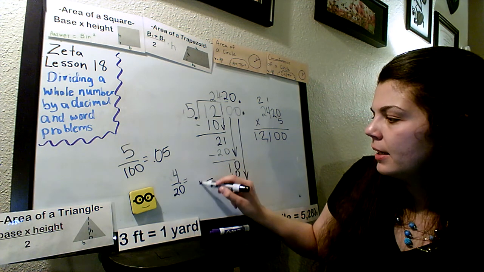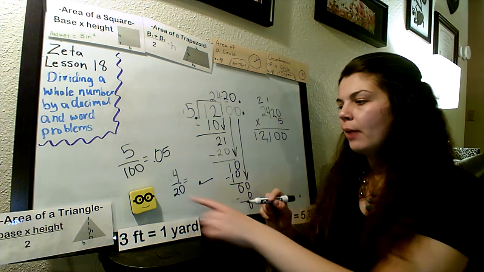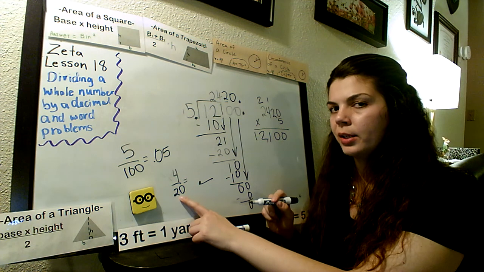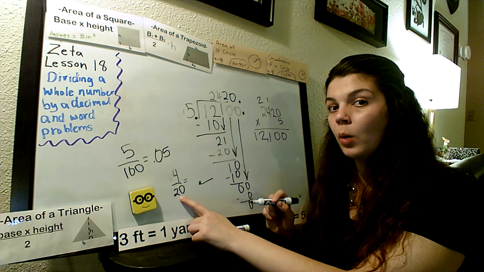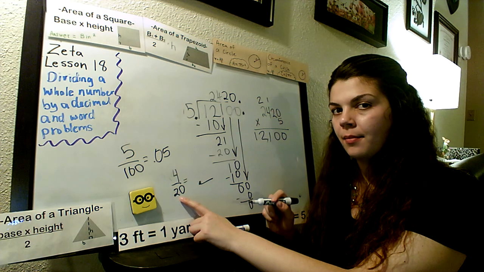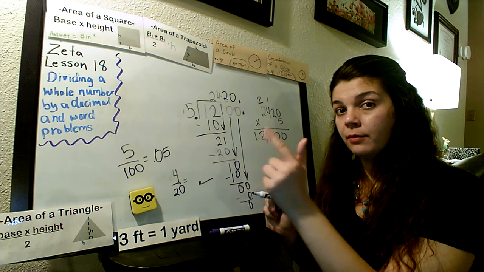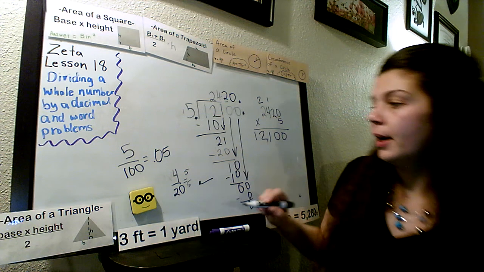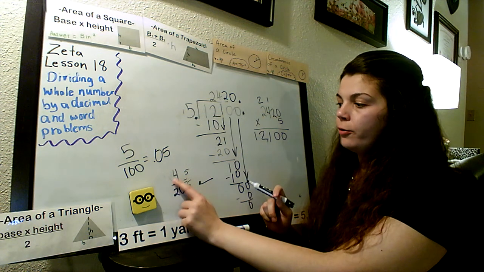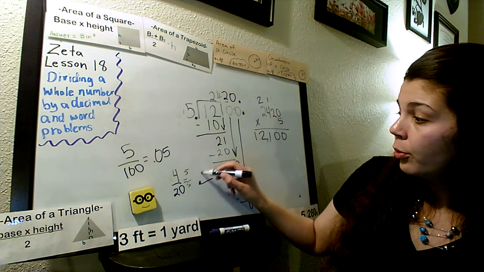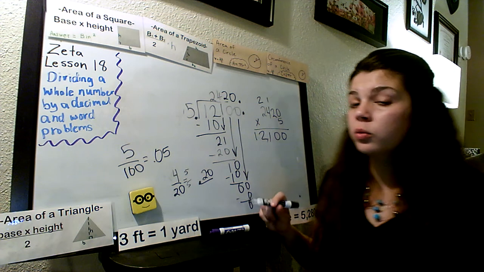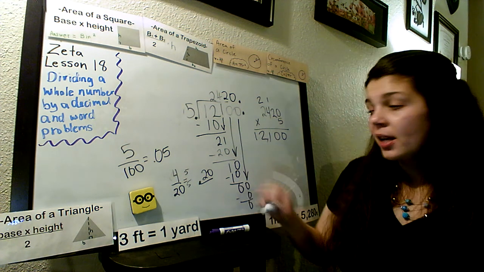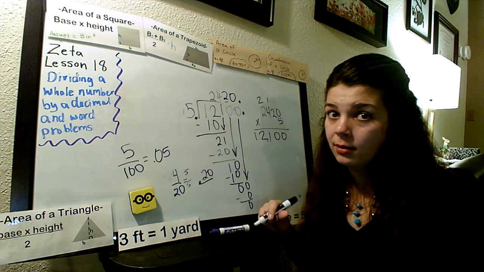Think about it. How would I make this 100? 20 times what number? 20, 40, 60, 80, 100. 5, 5. All right? 4 times 5 is what? 0.20. 4/20ths would be 0.20.